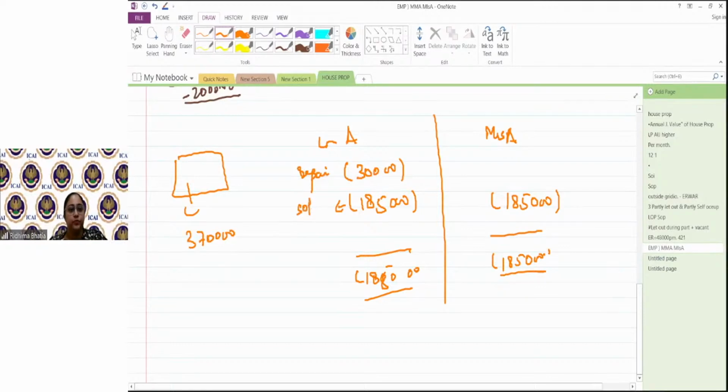Now 185 and 30, that is done, but the total maximum allowed as loss from self-occupied property is 2 lakhs. So that 2 lakh limit would apply individually, so each co-owner gets the limit of 2 lakhs or 30,000 as the case may be. Got it? Now let's pick up a question here.